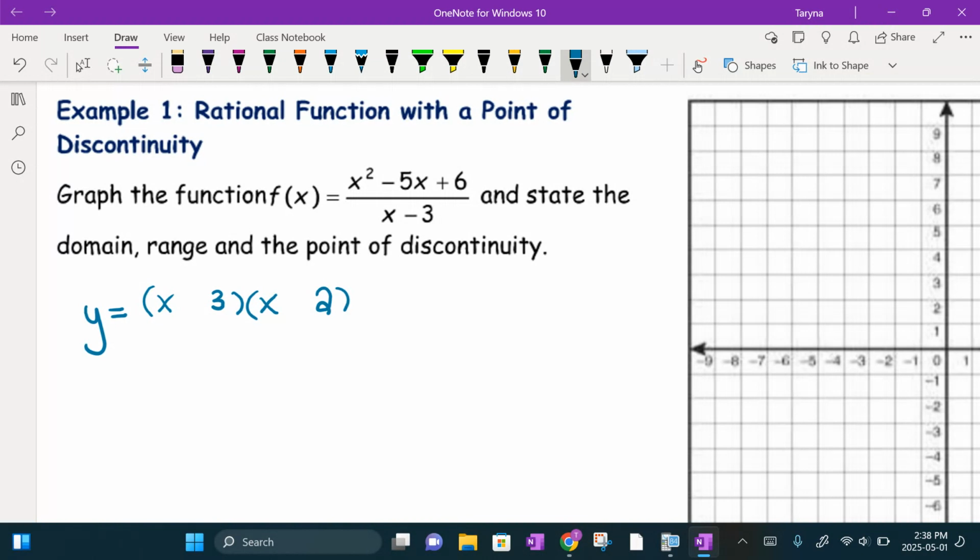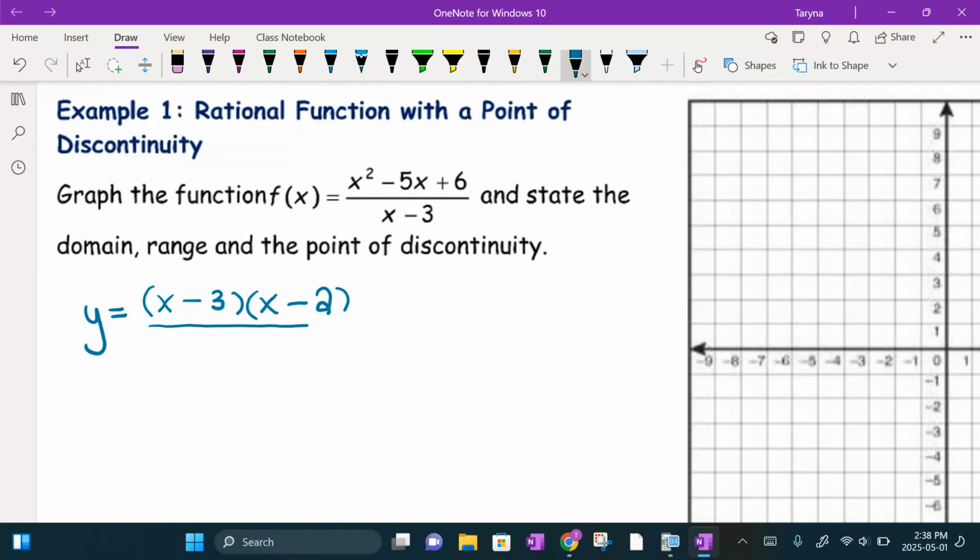I need a negative 5, so they both need to be negative. Because see how the inside gives me a minus 3x, the outside gives me a minus 2x. That gives me the middle that I need. And then negative 3 times negative 2 does give me the positive 6. Because remember, factoring is all about whether, if you multiply it all back out, you have what you started with. So all the signs have to fix each other or match each other.